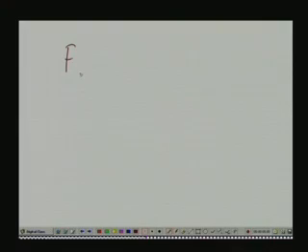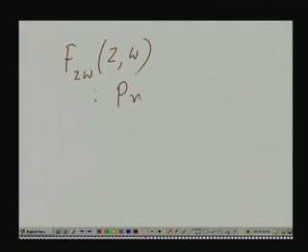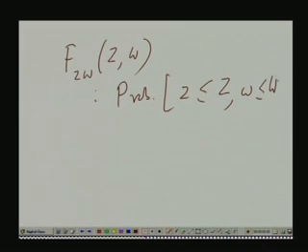So I am interested in finding out the joint distribution of z, w, that is probability of z less than or equal to capital Z, w less than or equal to capital W, total probability.